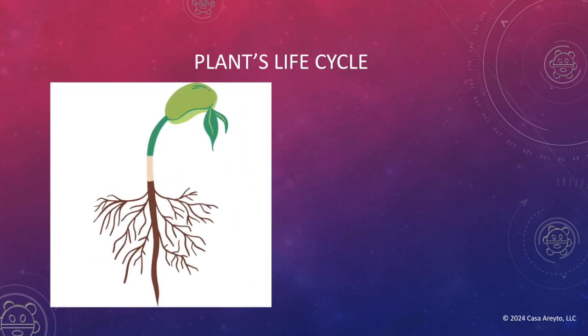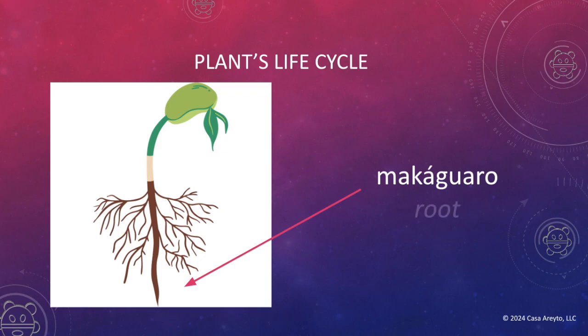Next, the plant grows something deep underground. In Taíno, that word is macaguaro. Can you guess what macaguaro means in Taíno? That's right! Macaguaro means root.